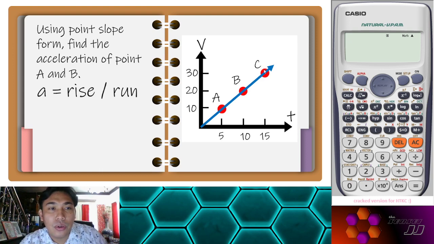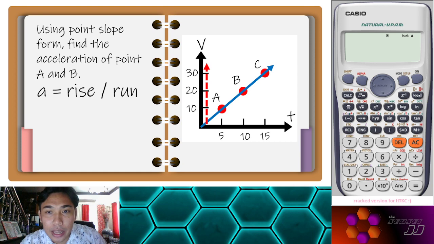Our point slope form has a formula of acceleration equals rise over run. This is just for the velocity versus time graph, guys. We can get the acceleration using point slope form.